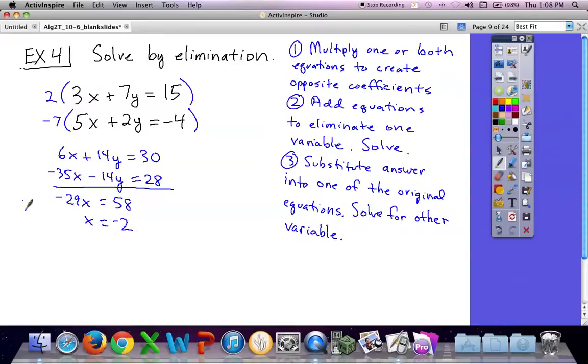Third step, now we need to substitute that answer into one of the original equations, and it doesn't matter which one. How about I'll pick the second equation. I'm going to say x equals -2. So that'll tell me 5 times -2 plus 2y equals -4. -10 plus 2y equals -4.